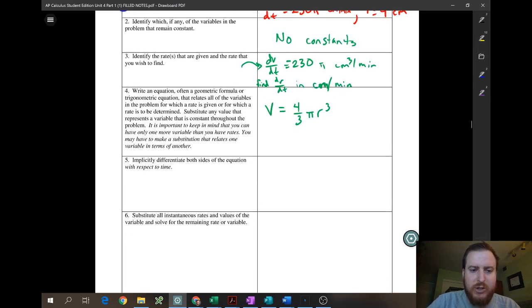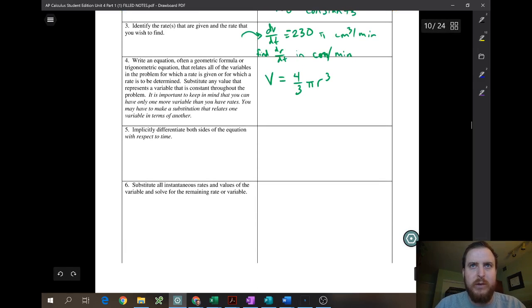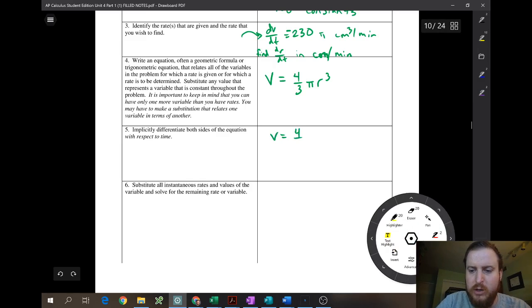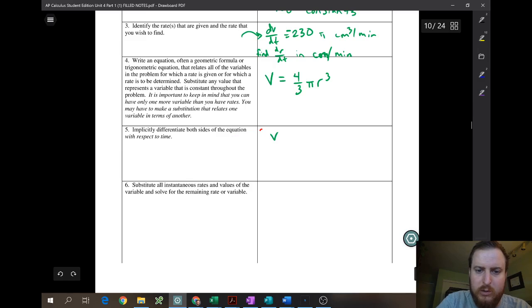So now we want to implicitly differentiate both sides with respect to time. And we did this above, right? But basically we have V equals 4/3 pi r cubed, and we want to do the derivative of both sides, so d dt and d dt. And I think I have a little bit of lag.